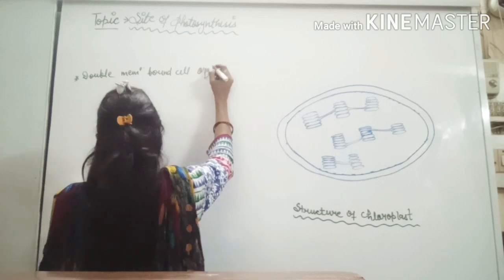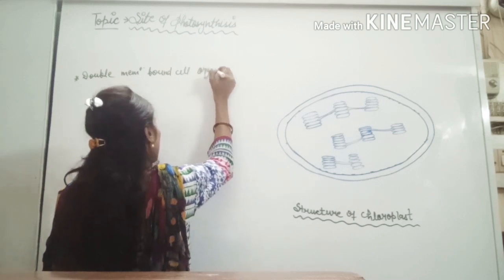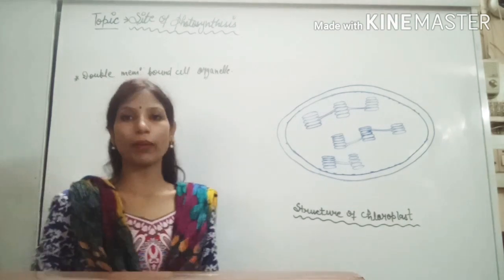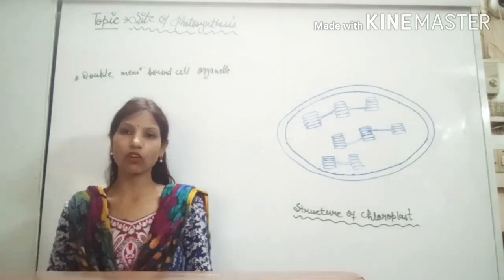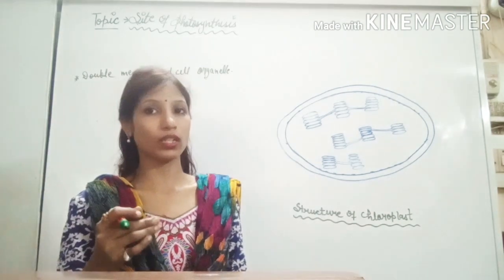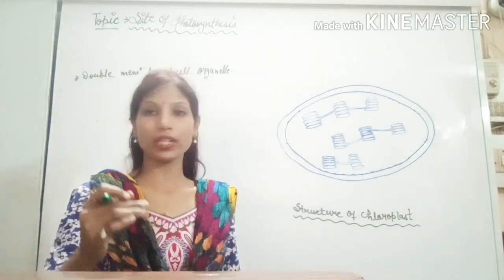Why is it known as a double membrane bound cell organelle? Because it has two membranes. Some cell organelles have only a single membrane, and some cell organelles have a double membrane, right?